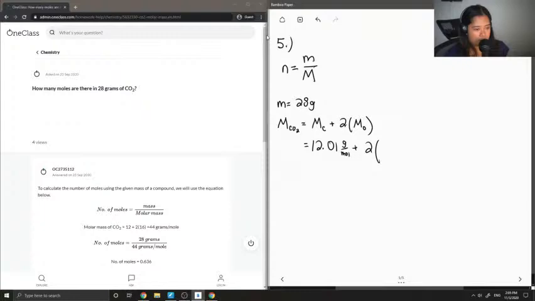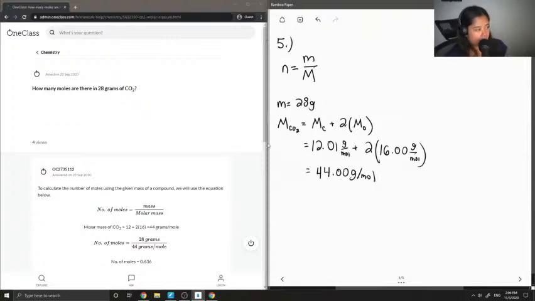The atomic weight of oxygen is 16.00 grams per mole. And we are going to multiply this value by 2 since there are 2 oxygens in carbon dioxide. So if we were to add these values up, you get a molar mass of 44.00 grams per mole for carbon dioxide.